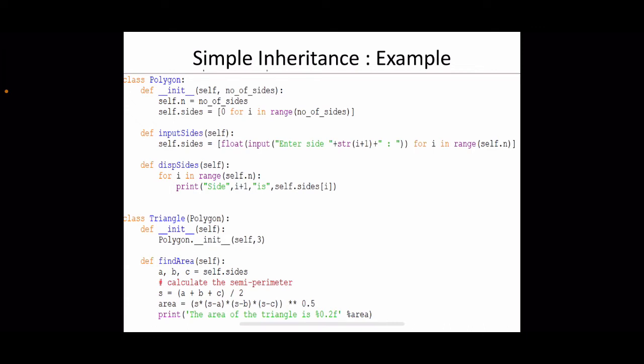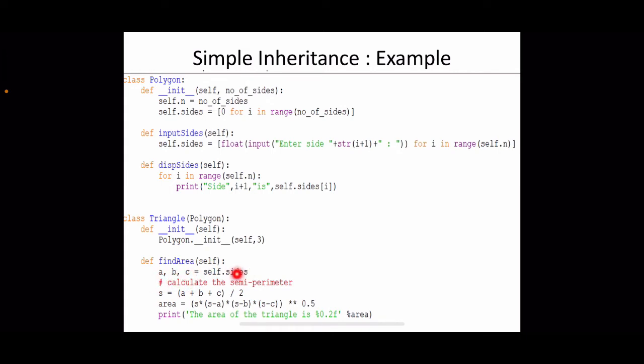Okay, so first input sides should be called. It is already defined in the polygon class. After that, we can call this find area. So the corresponding values of the different sides of the triangle will be there in self.sides. That will be assigned to a, b and c. The first value in this list will be assigned to a, second to b and third to c.